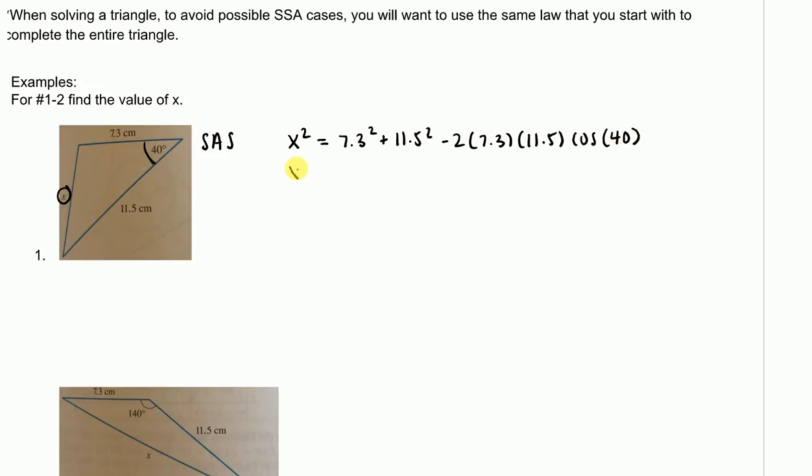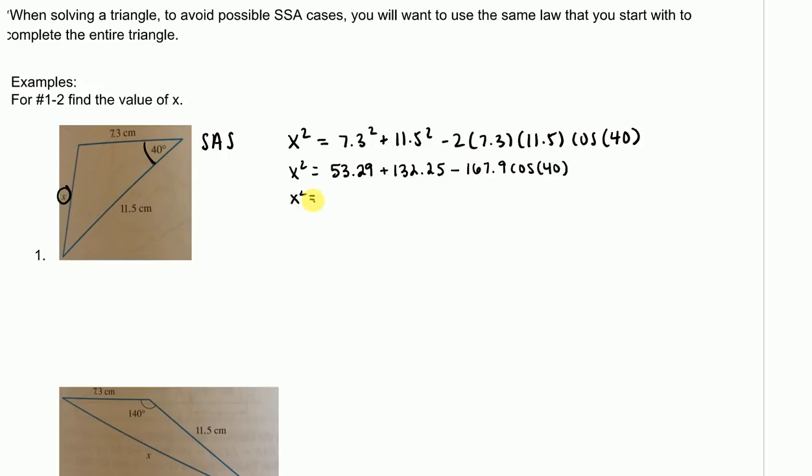Then if we simplify that, 7.3 squared, you're going to want your calculators for these, that'd be 53.29, and then 11.5 squared is 132.25, and then minus 2 times 7.3 times 11.5, that gives us 167.9 times the cosine of 40.